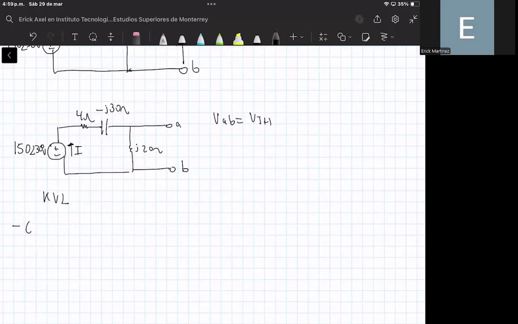So we have minus 150 with an angle of 30 degrees volts plus (4 minus J30) ohms times I plus I times J20 ohms, and this is equal to 0.